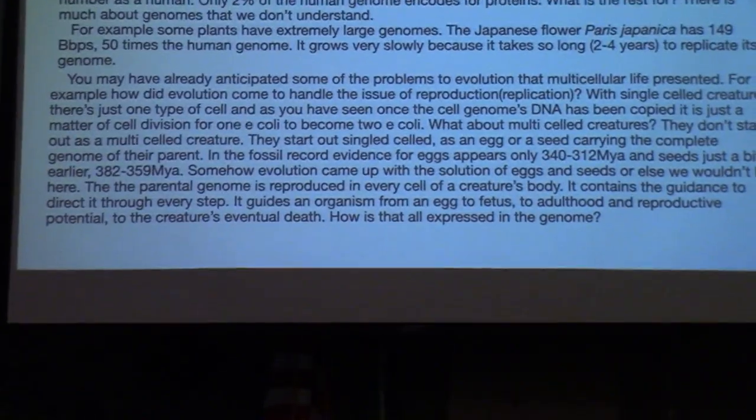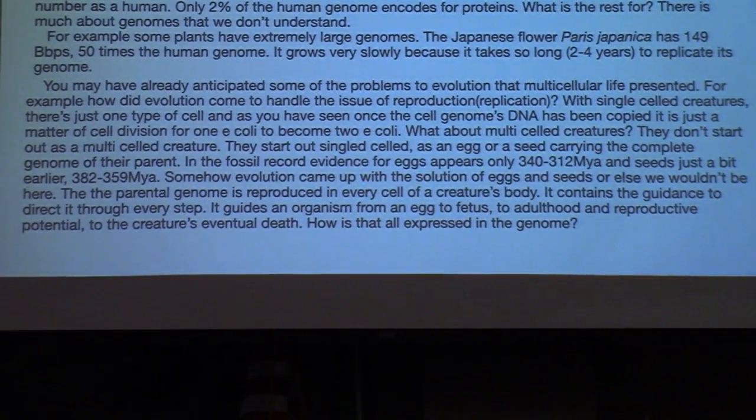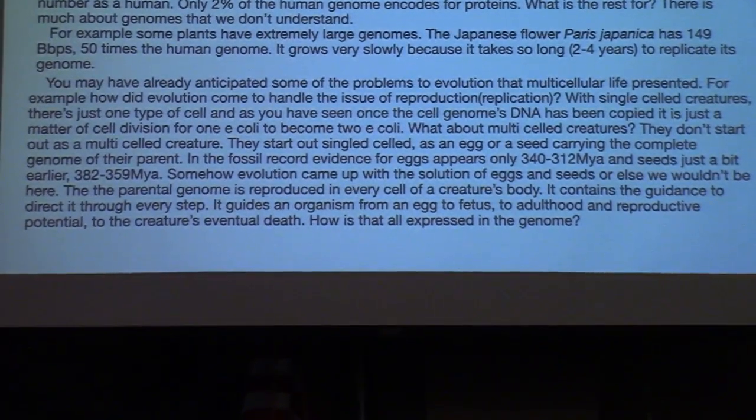Somehow evolution came up with a solution of eggs and seeds, or else we wouldn't be here. The parental genome is then, of course, reproduced in every cell of a creature's body. It contains the guidance to direct it through every step. It guides an organism from egg to fetus, to adulthood, and reproductive potential, and to the creature's eventual death. How is all that contained in the genome? Incredible.